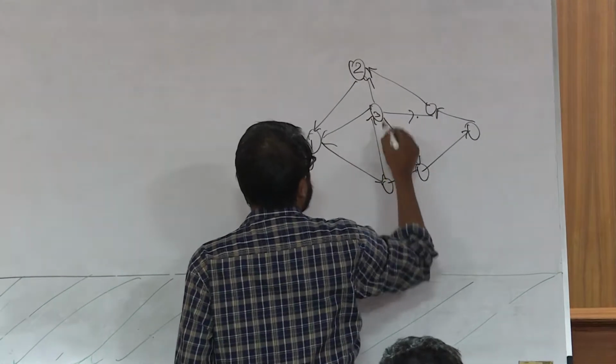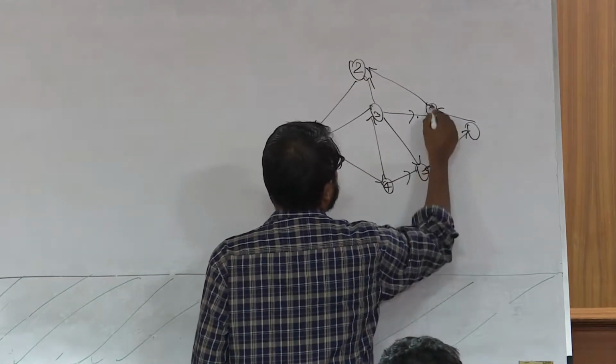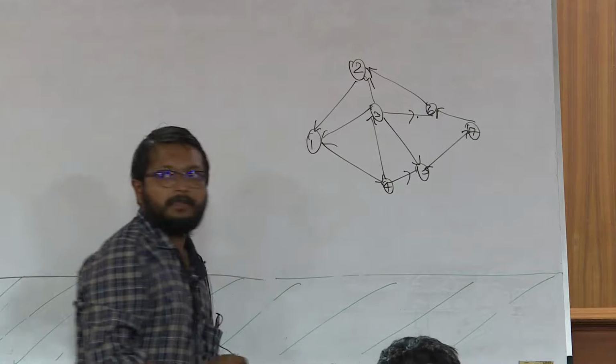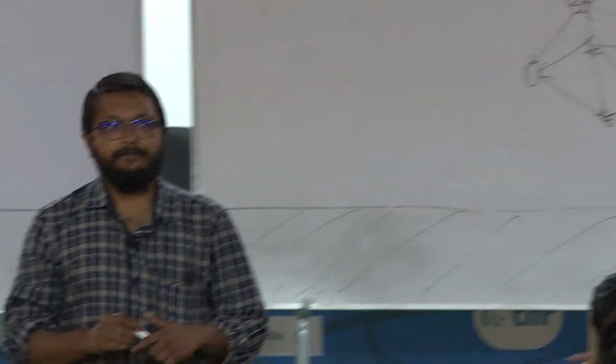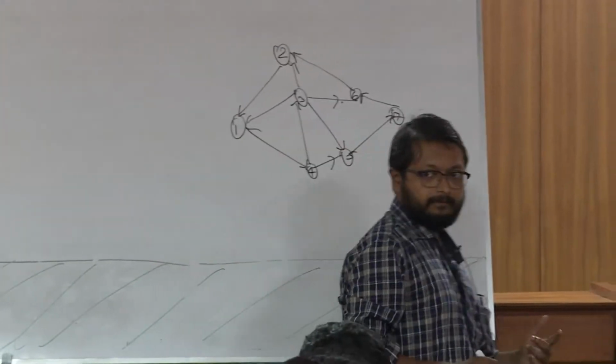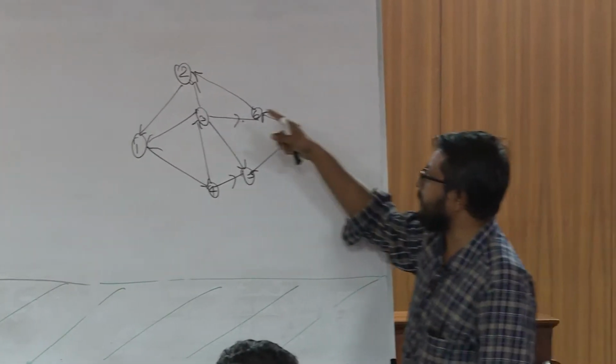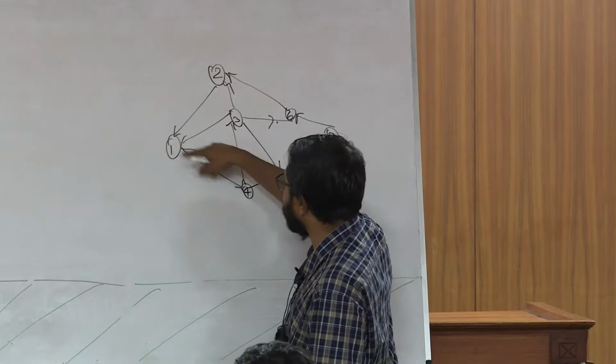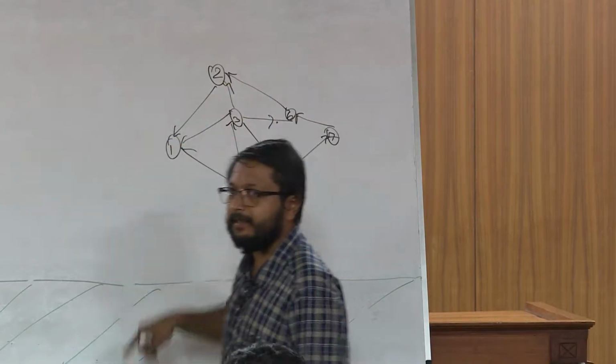Can I visit every vertex? Okay. So suppose I start with this vertex, visit every vertex and come back to the starting vertex. It's called a Hamiltonian cycle.